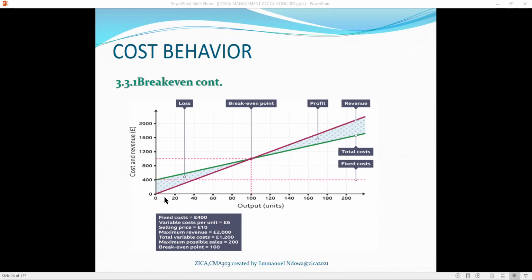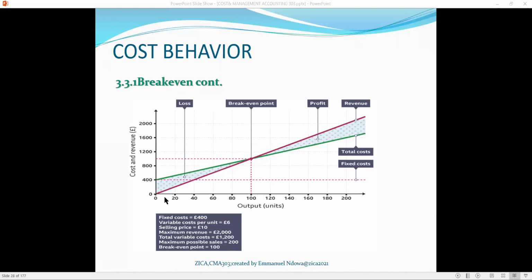That's the reason the fixed cost line is running parallel with the x-axis. Despite producing 80 units and incurring variable costs, the total revenue realized is not covering the fixed cost and the variable cost. That's the reason we are realizing some losses.